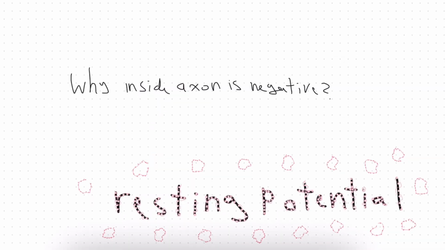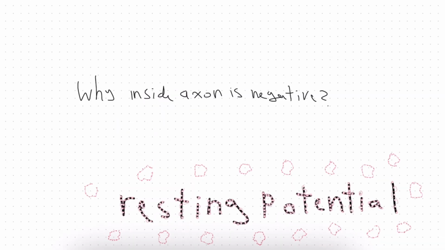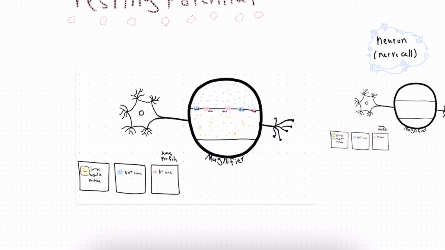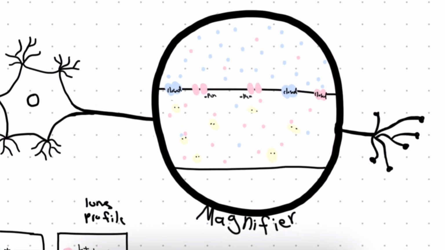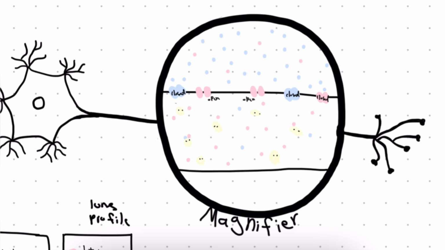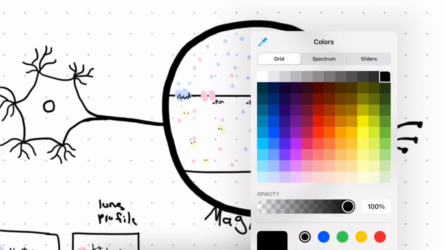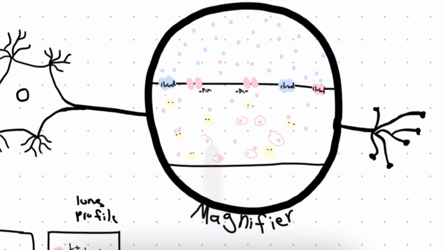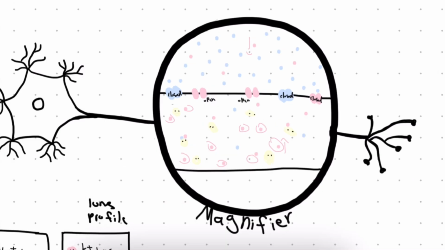The question now is why the inside of the axon is negative during resting. We will find the answer by looking at the behavior of ions, their charge, and the channels. During the resting state, the concentration of potassium ions, these pink ones, is higher inside the axon and lower outside, and the concentration of sodium ions is low inside and high outside.